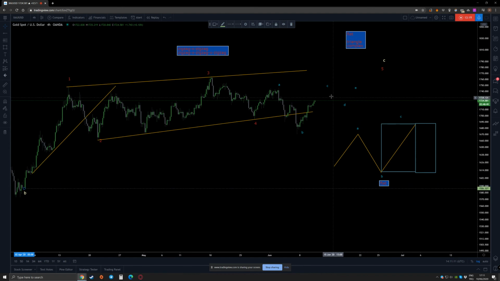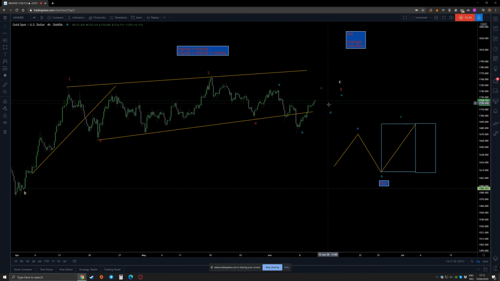Now, let's say that this is still a corrective move, and also it is not a flat. Well, it can take something like this. It can do some triangle like this, and that triangle can be a fifth wave, and also it will be the C wave.